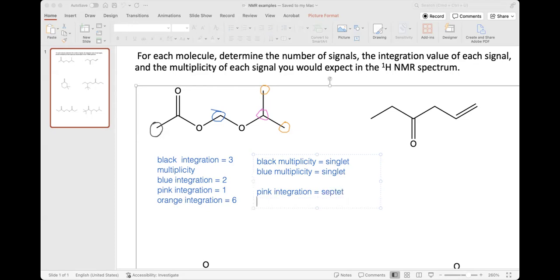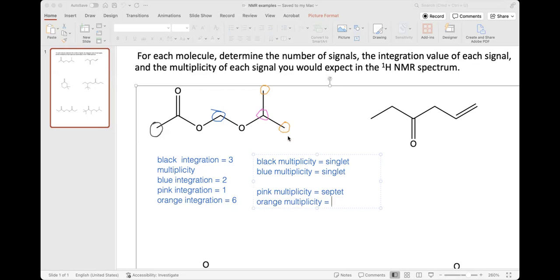And then how about the orange signal? I'm sorry, I'm mixing terminology. Let's use the right one: multiplicity. Yeah, the doublet there, right.